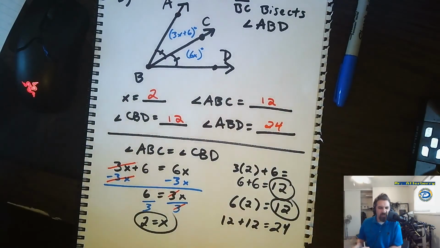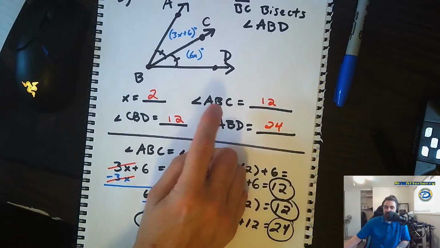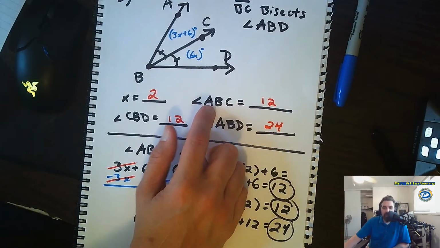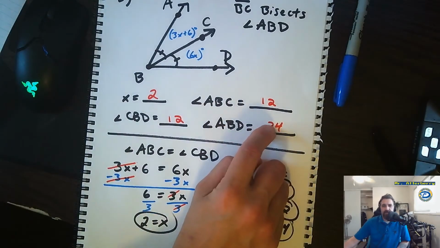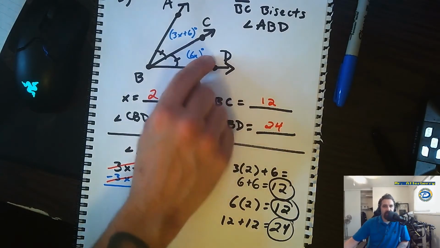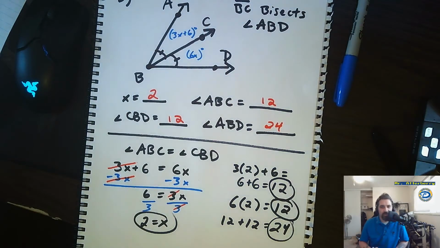I'm going to go back and make a small change. When you have a measure of an angle, it's always very important how to write that. It's 12, but what is it? It's actually 12 degrees. You see that little circle in the top right corner of the number.